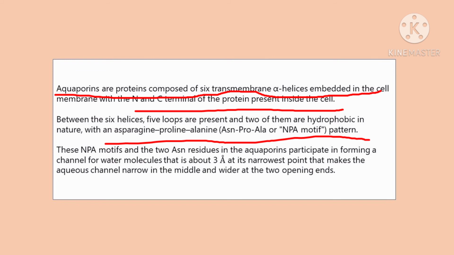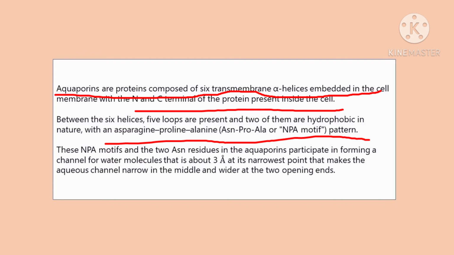So the NPA motif and the 2 asparagine residues in the aquaporins participate in forming a channel for water molecules that is about 3 Angstrom at the narrowest point, which makes the aqueous channel narrow in the middle and wider at the 2 opening ends. So our answer is asparagine, proline and alanine, which forms a motif known as the NPA motif.